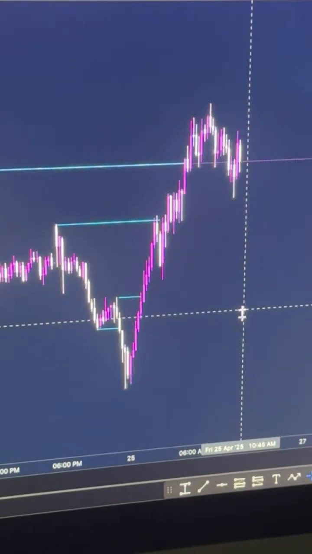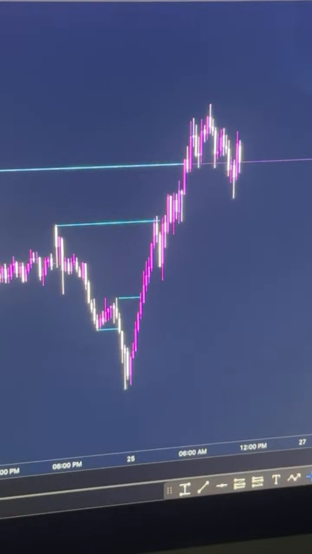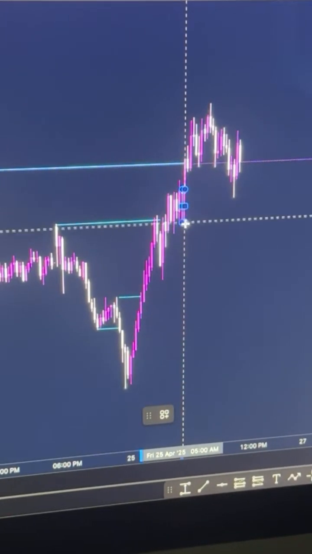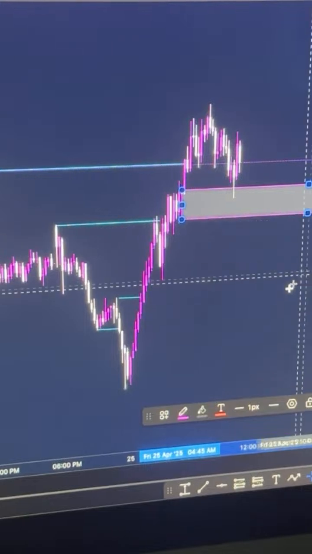So breaking highs on the lower time frame here. What I see right here is a demand zone. The price right now is still reacting from it.